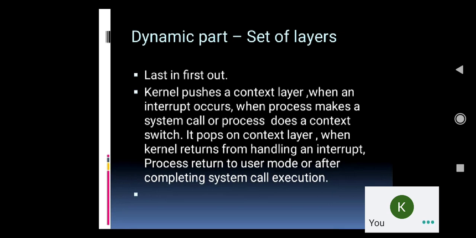The kernel pushes the context layer here. This slide deals with the interrupt. Whenever an interrupt is going to come, we always give priority to the interrupt, and then the control goes back to the normal processes that we have in sequence.